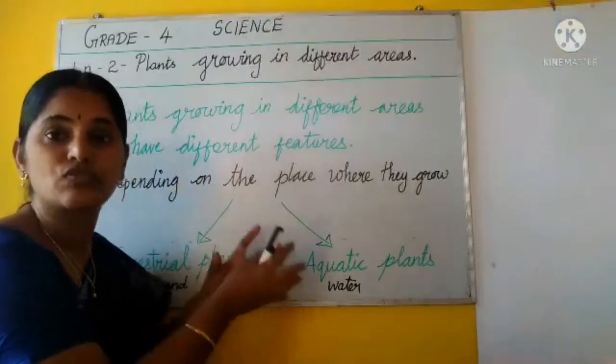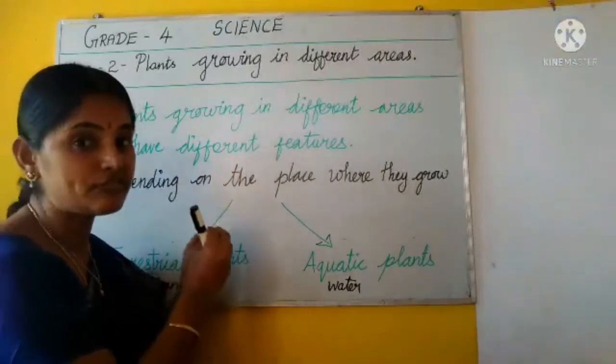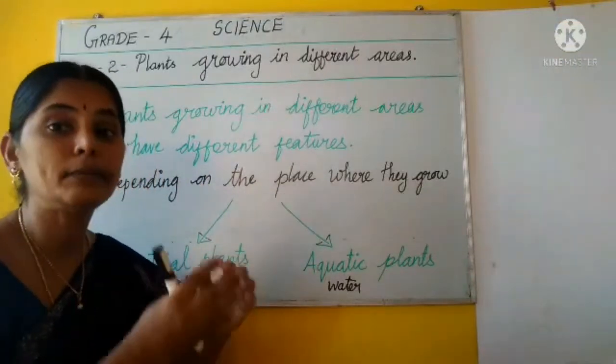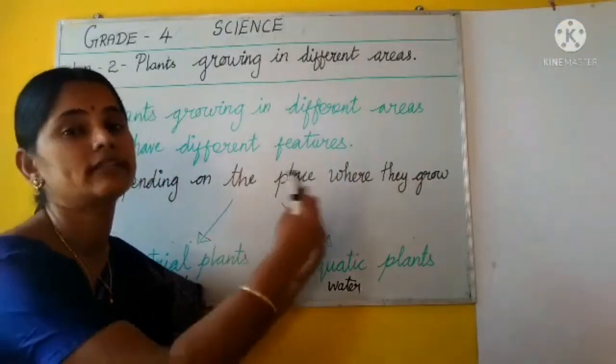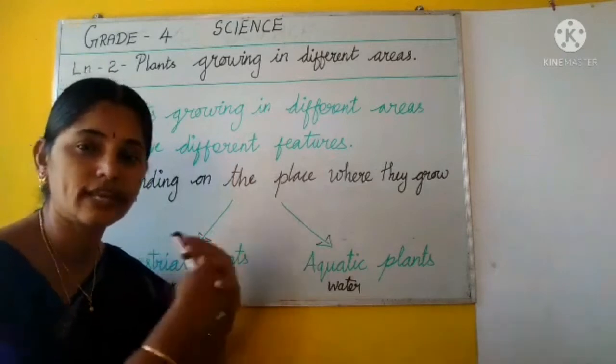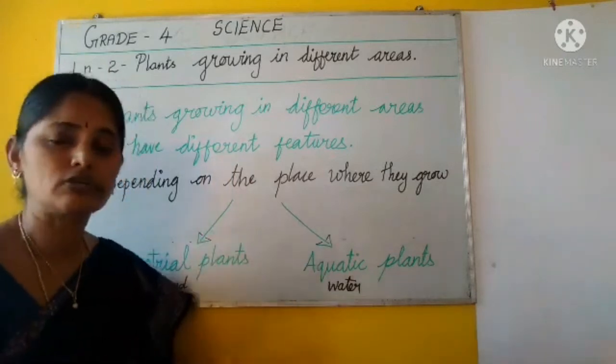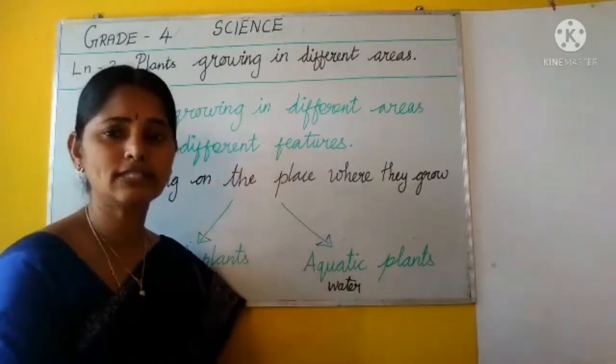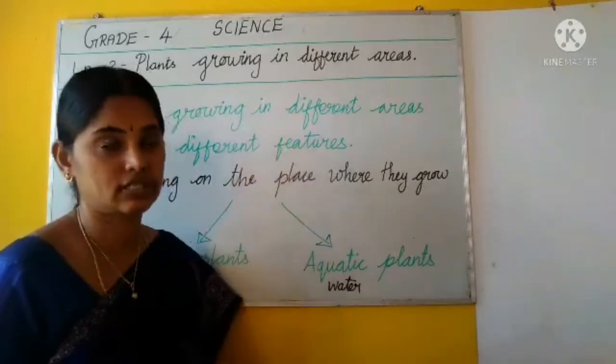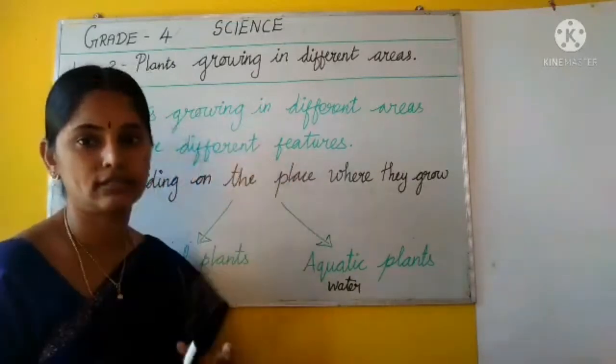Today's video class is about different groups of plants depending on the place where they grow. All those plants have different features and characters.